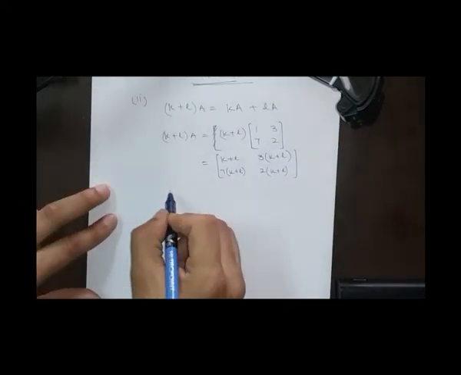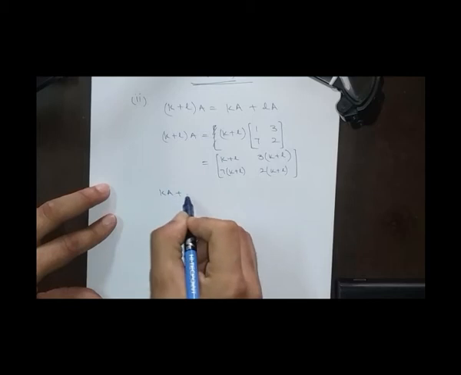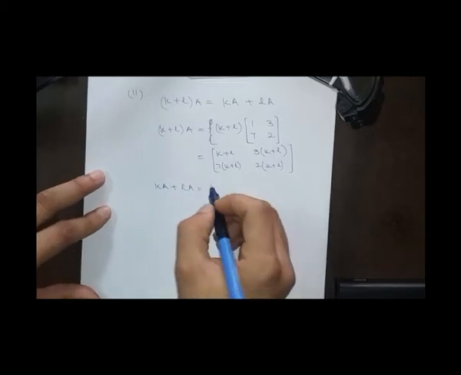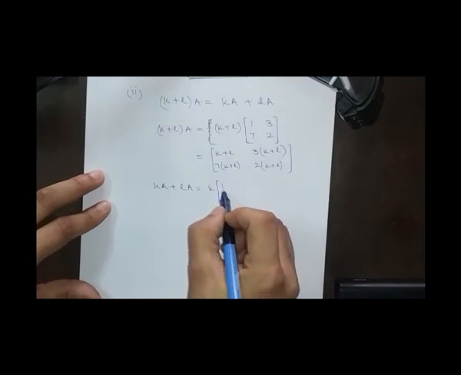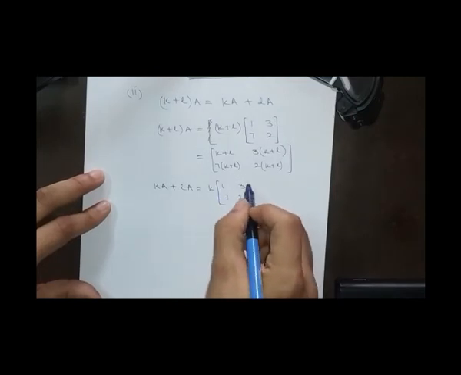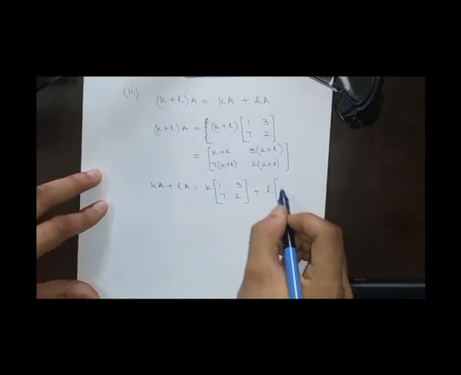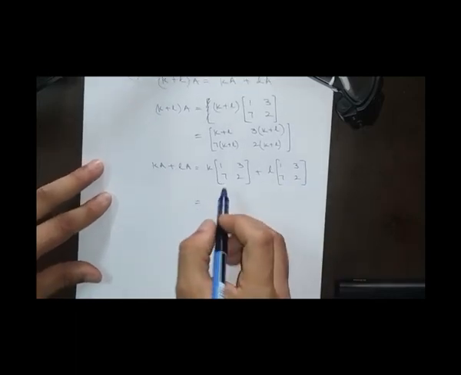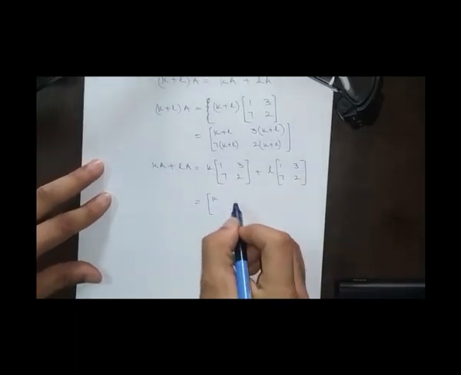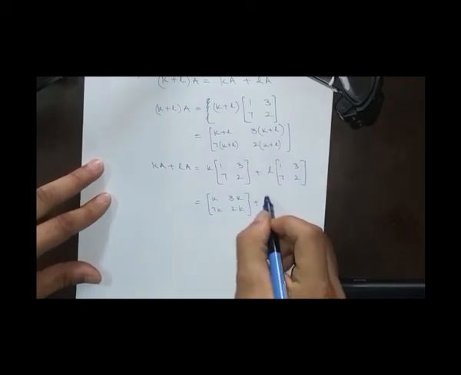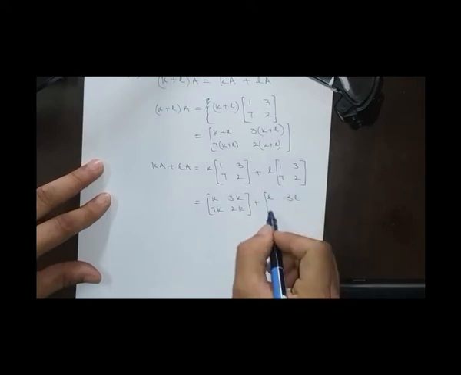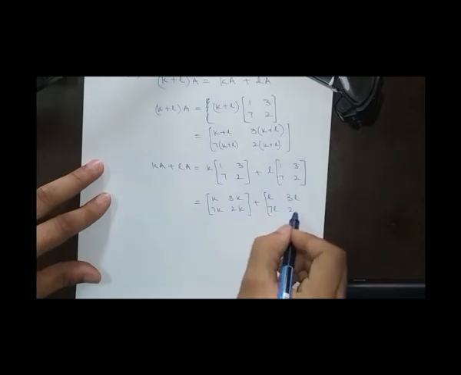On the right hand side, kA plus lA. This is equal to k into A, which is 1 3 7 2, plus l into 1 3 7 2. This is equal to 1 into k, then 3k, 7k, 2k, plus 1 into l, 3 into l, 3l, 7l, 2l.